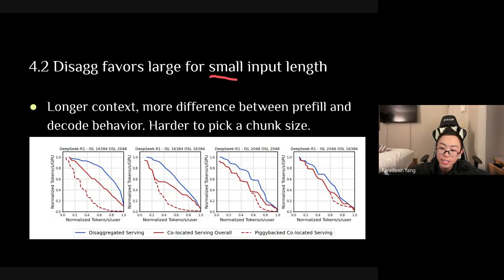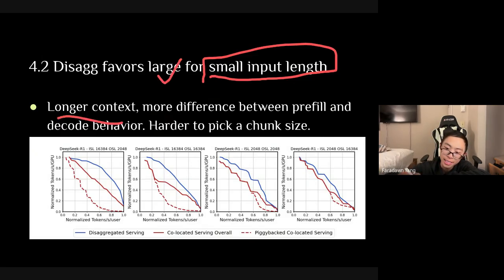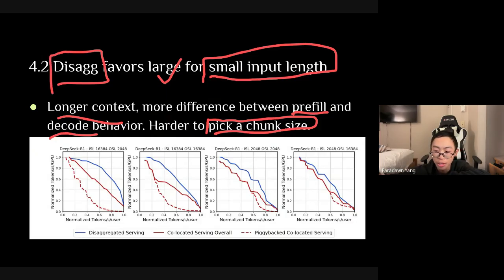We have discussed, is it good for small input lengths or big input lengths? The answer is big input, because the longer the context, the more difference between the prefill and decode behavior. So if you co-locate, it's hard to pick a chunk size. Therefore, you must disaggregate to push the Pareto frontier.